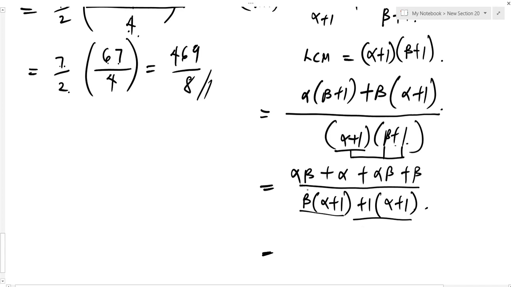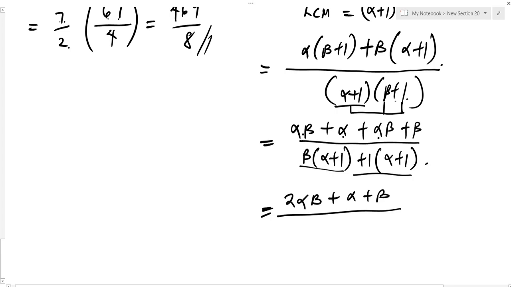So now we have this and this are like terms, so we'll add them together to be 2 alpha beta, then plus this alpha plus beta, divide by, now I will open up this expression at the denominator. So alpha times beta times alpha will give me alpha beta plus beta plus alpha plus 1.